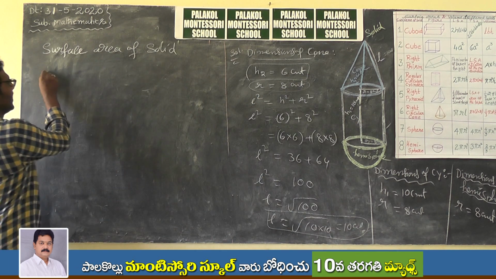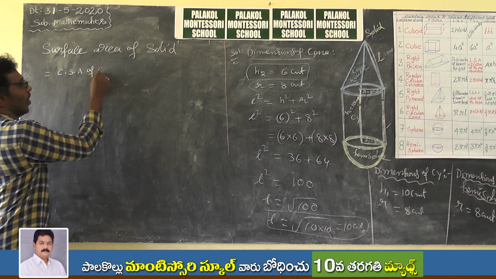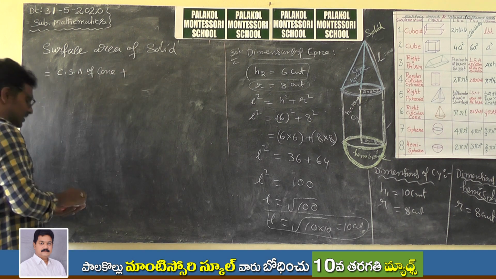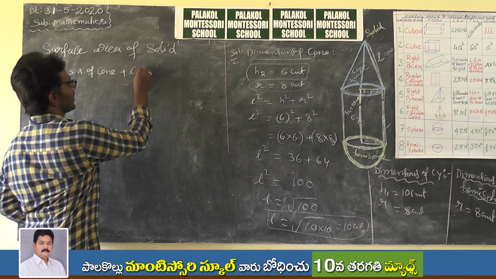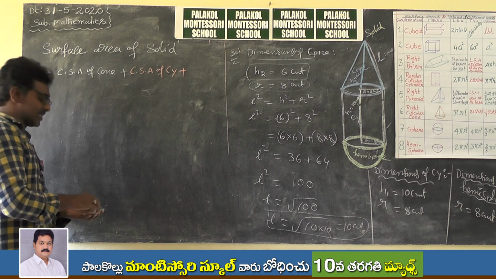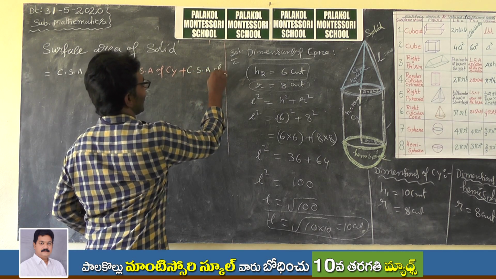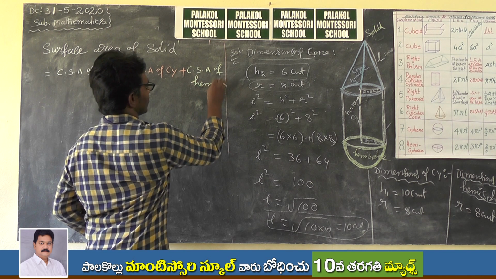Simply write: curved surface area of cone plus curved surface area of cylinder plus curved surface area of hemisphere.